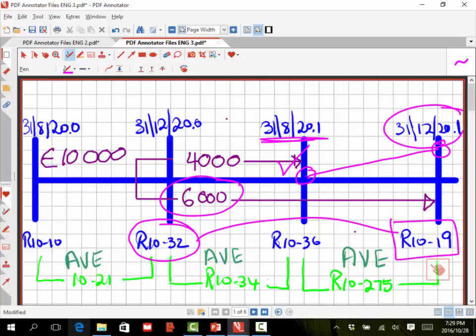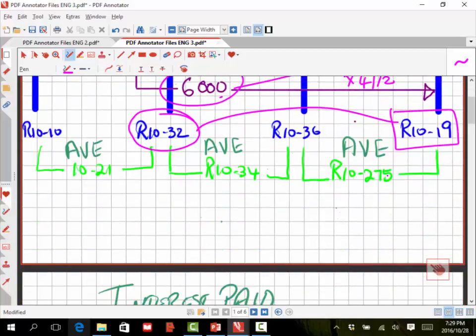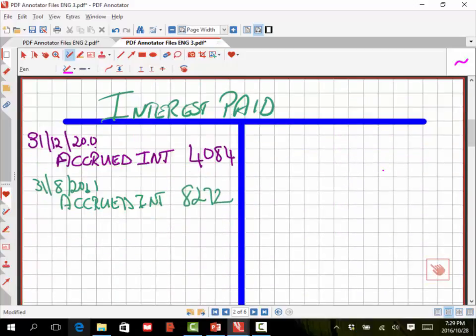And now we must remember the outstanding amount is only this 6,000. Times that by the 12% and times that by 4/12, and we will be able to calculate the euro amount that is outstanding in terms of the interest for that period. So let us go and do that interest calculation very quickly.